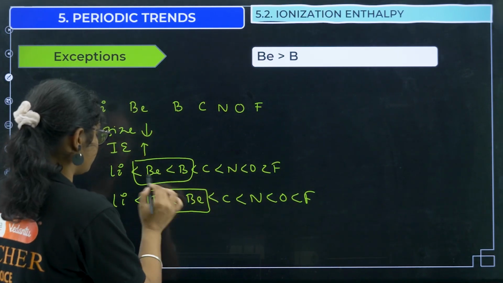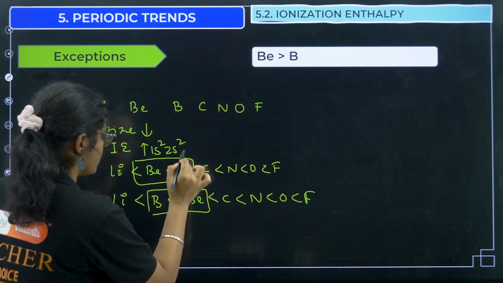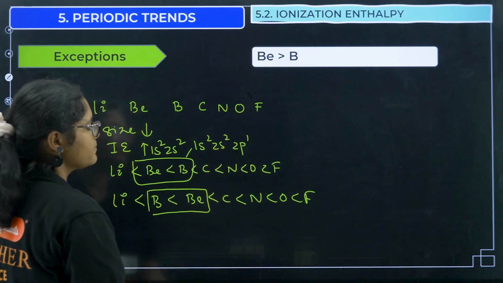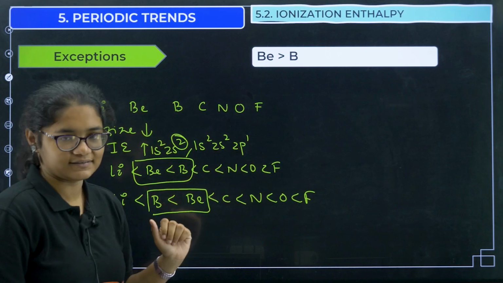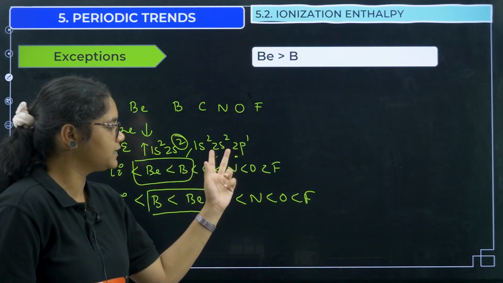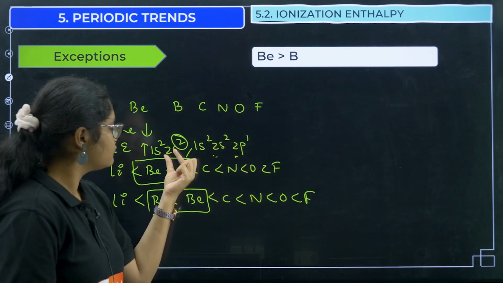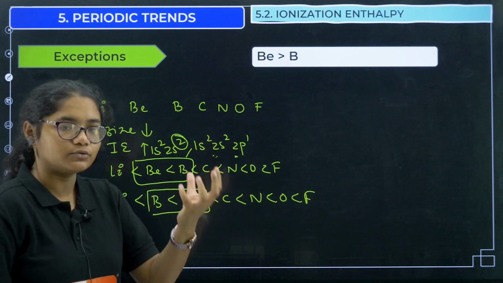Now if you see the electronic configuration of beryllium, it is 1s2, 2s2, and here it is 1s2, 2s2 and 2p1. So just now we discussed that to remove an electron from 2s will be very, very difficult. If you are comparing 2s and 2p, then removing an electron from 2p will be easier than removing an electron from 2s. Why? Because 2s is closer to the nucleus, right?